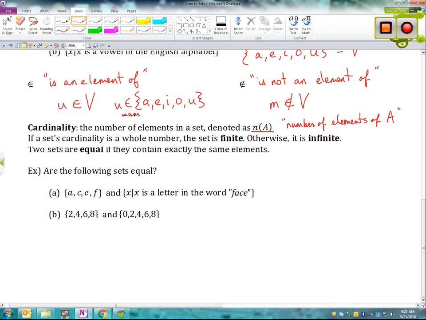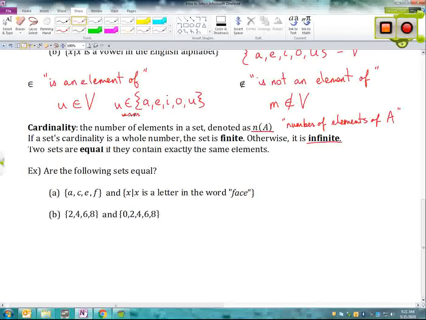If it does not have a whole number as its cardinality, okay, and by the way, 0 does count. The null set is a set, and then the cardinality would be 0, okay? If it does not have a whole number, if we can't count the number of terms in the set, then it is considered infinite. So in other words, we have an infinite number or an unlimited number of terms or entries in our set, okay?